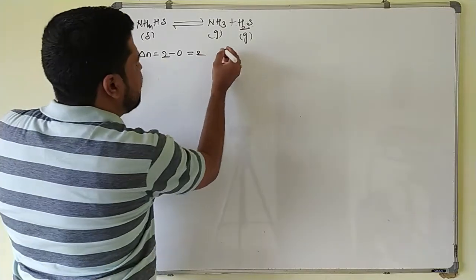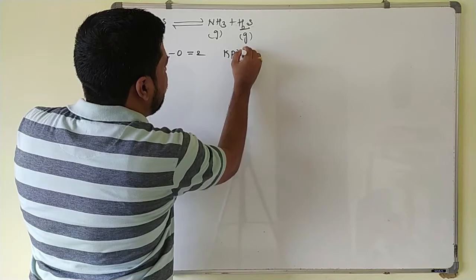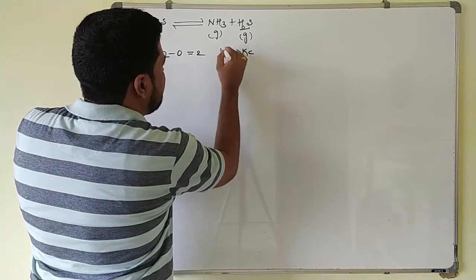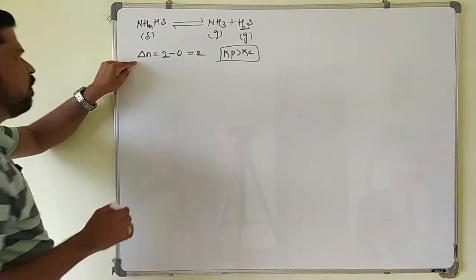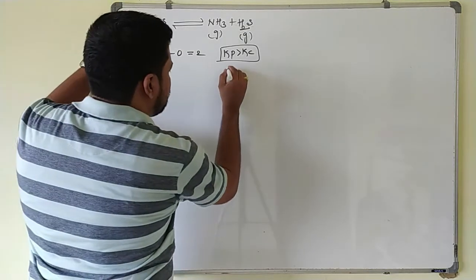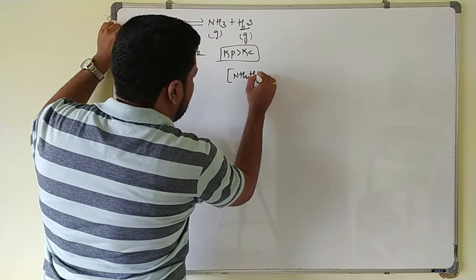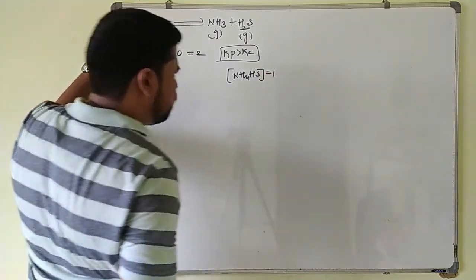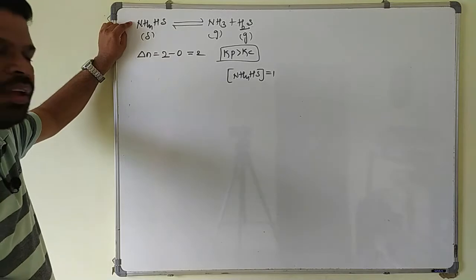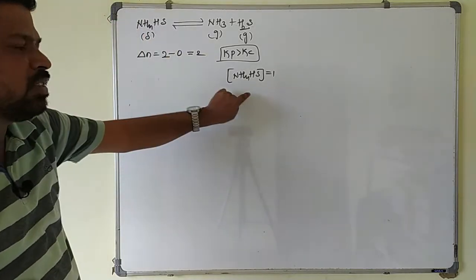If delta N value is greater than 0, if it is positive, in that case Kp will be greater than Kc. So we know that for pure solids and liquids, the active mass is taken as 1. So always the active mass of NH4HS will be taken as 1. So this should not be included in the Kp and Kc expression, because its value is always 1 here.